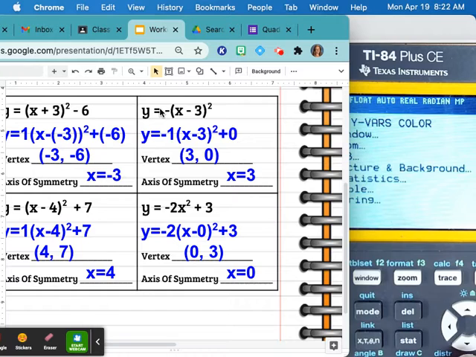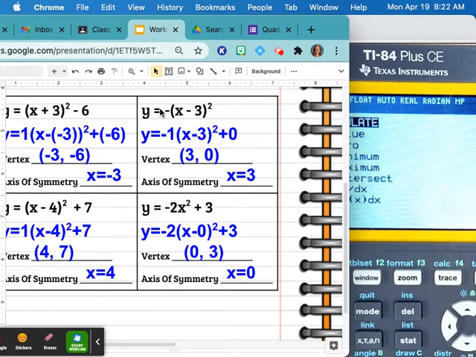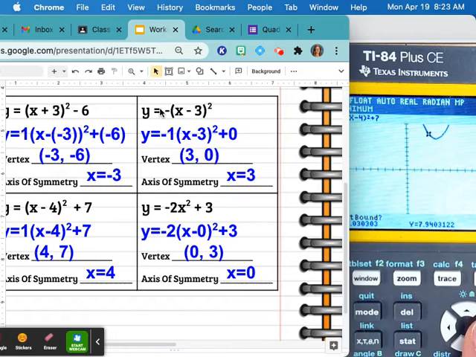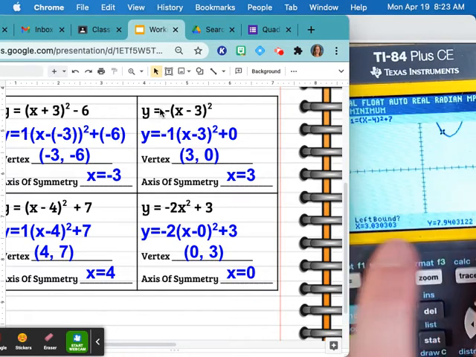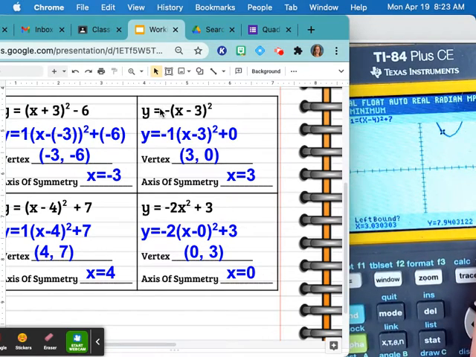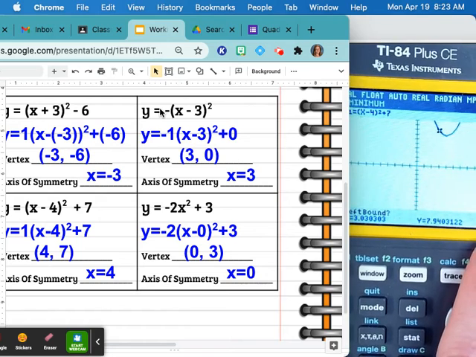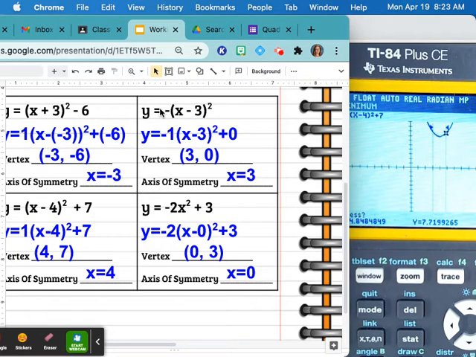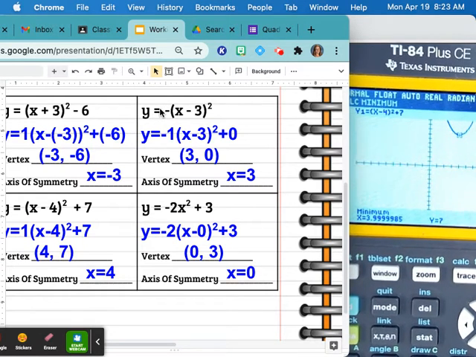Minimum. And then you're going to have to find the cursor. Okay, there it is. I went to the right to find it, and it kind of tells you where it's at, so you can try to find it. Push enter, then go to the right. Enter, enter. 3.9999, and then 7, so 4, 7.